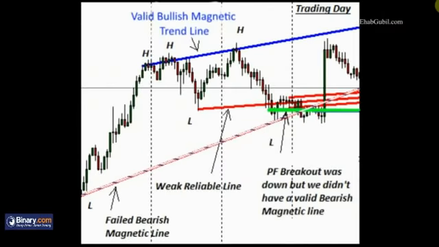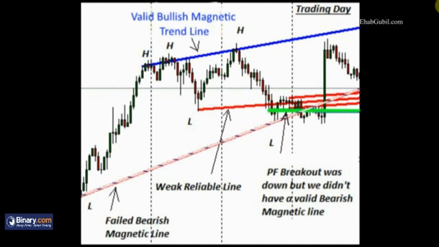But if we have a magnetic PF with a weak reliable line and we could not find a successive magnetic line in the same direction of the magnetic PF breakout, we should then look for a magnetic trend line in the opposite direction, and if we find a valid one, since we have a weak reliable line, we could enter in the direction of the new magnetic trend line.